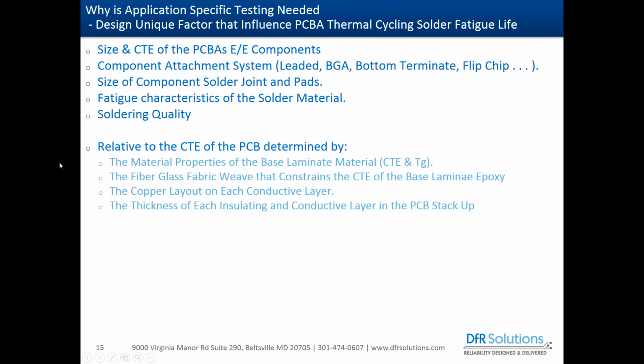Also, you have to think of all these things about the components relative to the coefficient of thermal expansion of the board they are attached to, which is determined by the material properties of the base laminate material, the type of fiberglass fabric weave that is used to constrain the thermal expansion characteristics of the base laminate, and to also provide structural strength against vibration and shock. The amount of copper and the layout of the copper on each conductive layer, how thick it is, where it goes, what that adds to the performance of the overall board, and the thickness of each insulating and conductive layer.